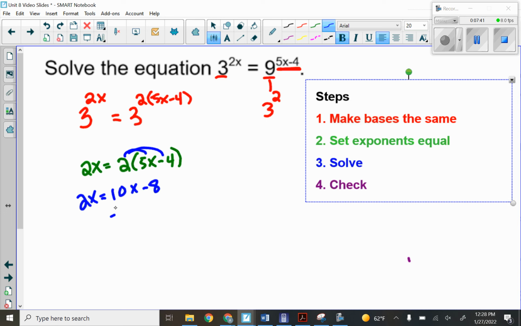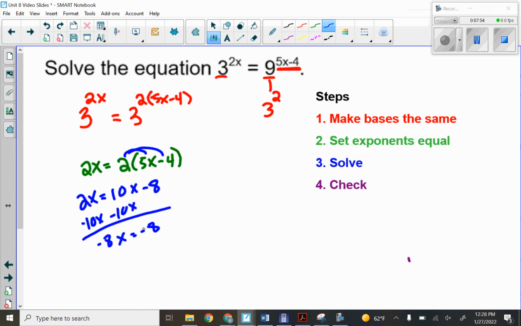Gonna subtract 10x. So then we get negative 8x equals negative 8. Divide by negative 8. And we get x equals 1.